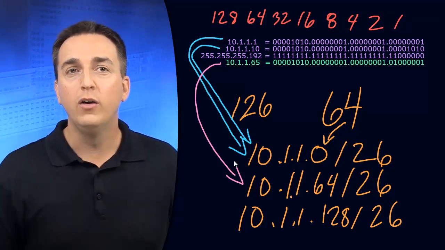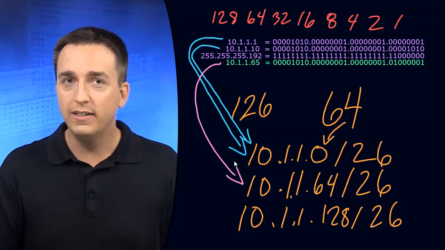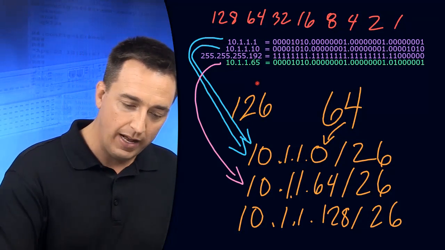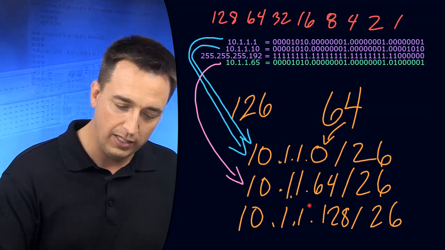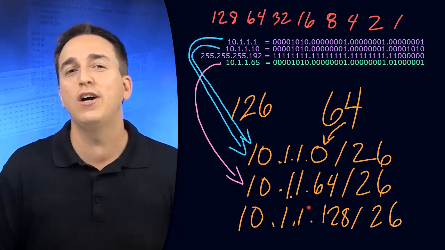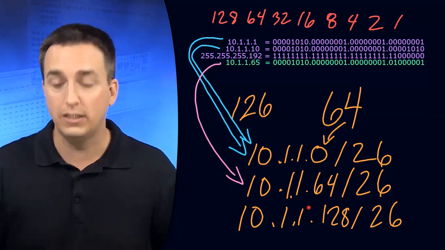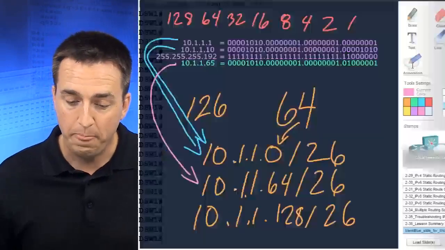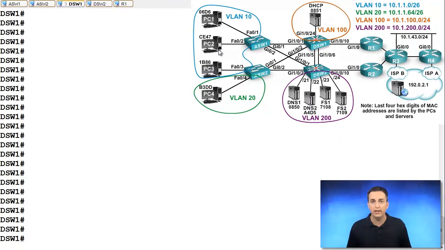So without even doing binary, all we did was write down these values, and we were able to determine that 10.1.1.65, PC2's address in our example, is incorrect. PC2 needs an address within the 10.1.1.0/26 subnet, when right now it has an address in the 10.1.1.64/26 subnet.